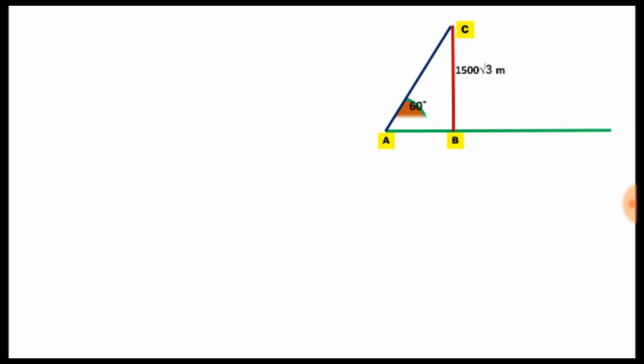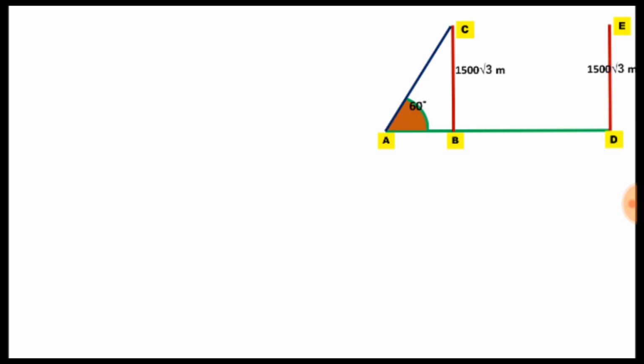So let us first draw the rough diagram of the given information. A jet plane is flying at a height of 1500 root 3 meters above the ground. Let us assume the first position of the jet plane as C, and the height of the jet plane from the ground is BC equals 1500 root 3 meters. On the ground from point A, the observer is observing the jet plane with an angle of elevation 60 degrees.